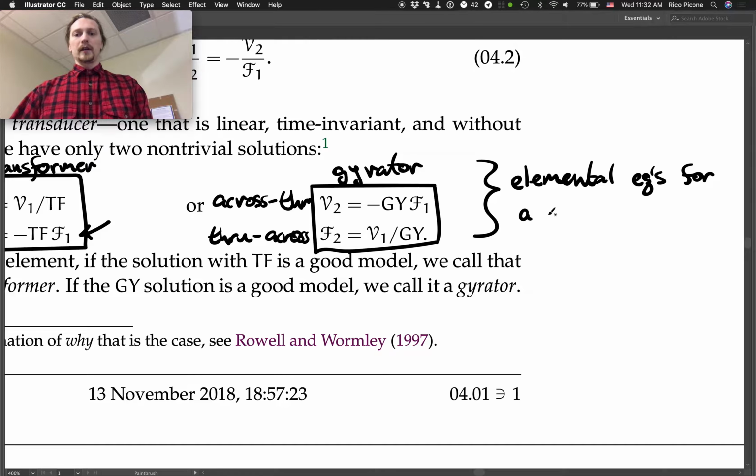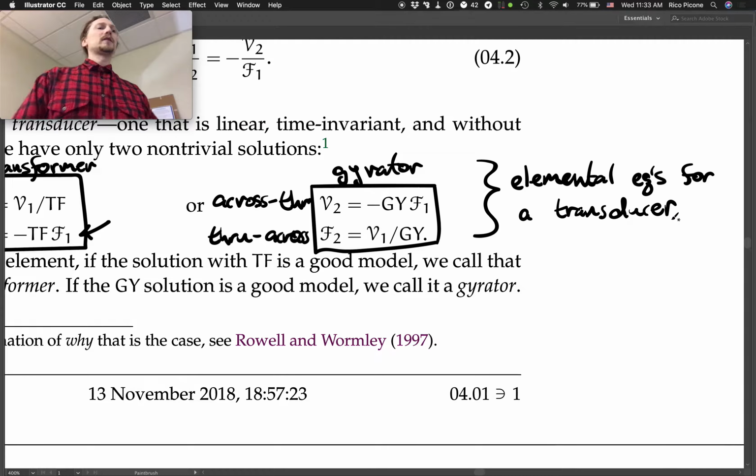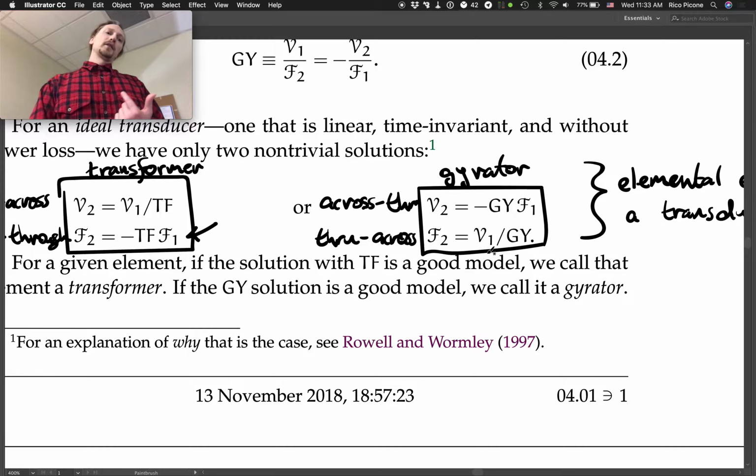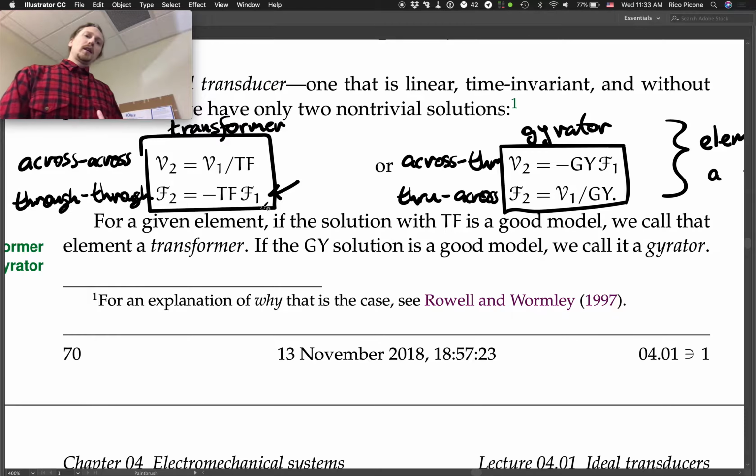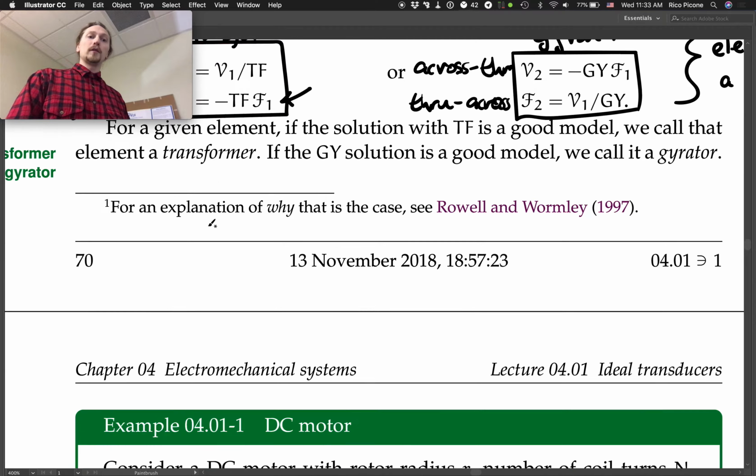Notice how there are two: if it's a transformer, there are two, and if there's a gyrator, there are two. So the elemental equation for a transformer that relates through variable to through variable.